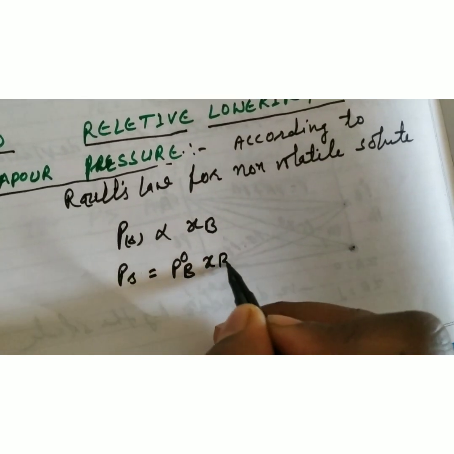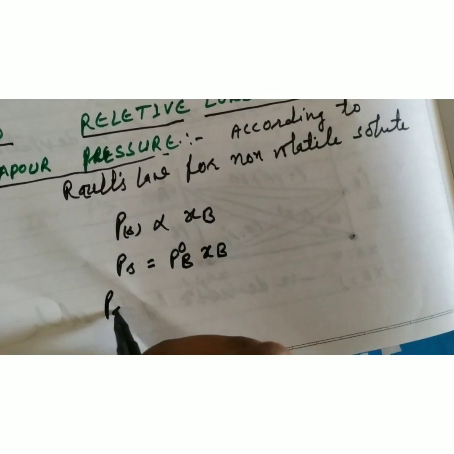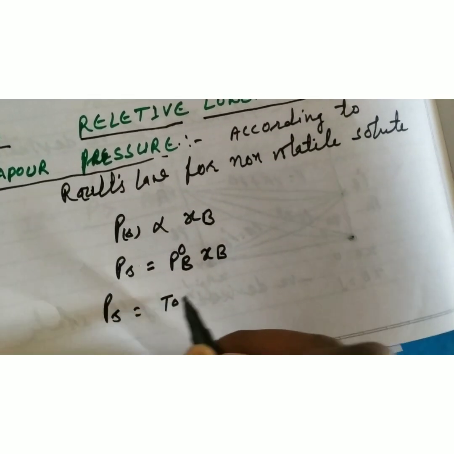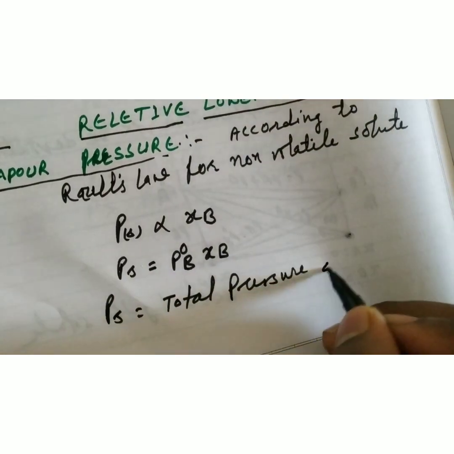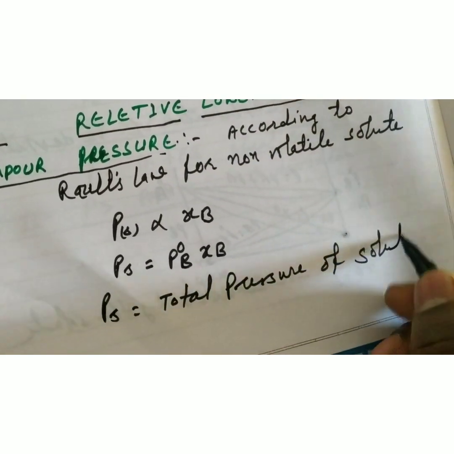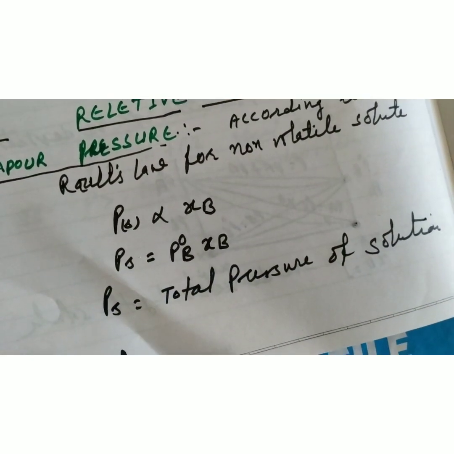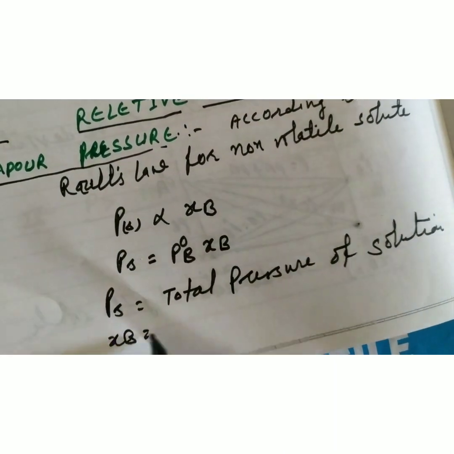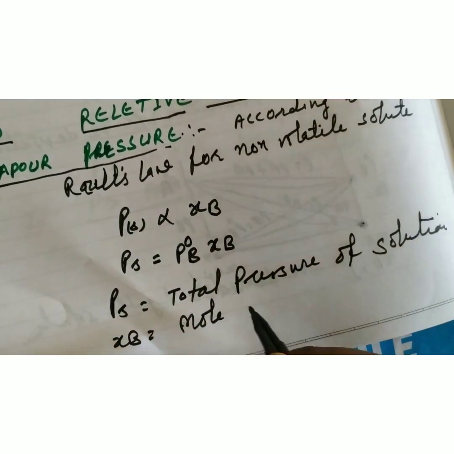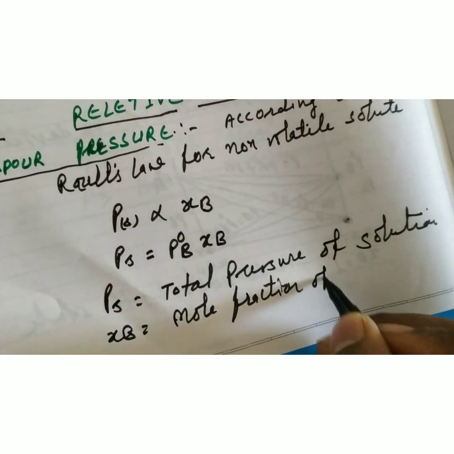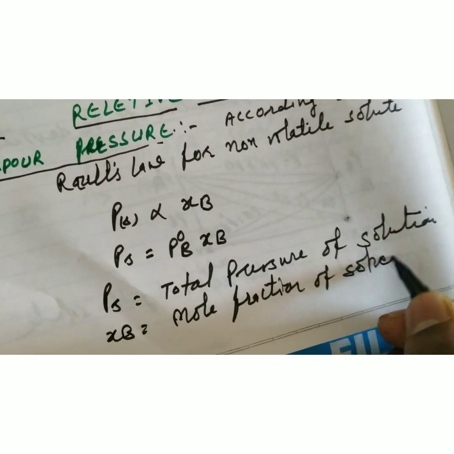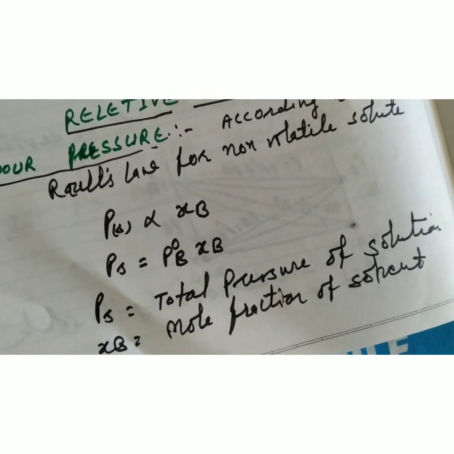Clear? Where PS equals total pressure of solution, while XB equals mole fraction of solvent. Clear?